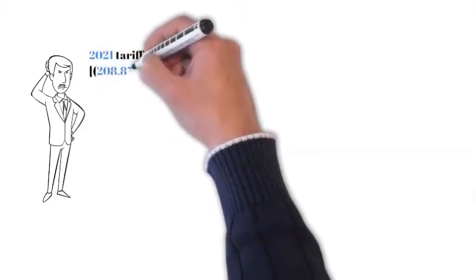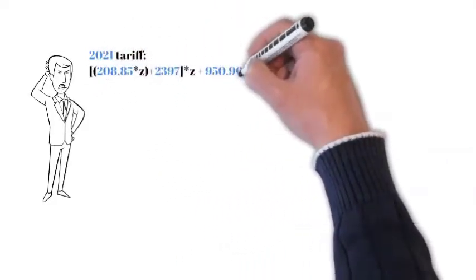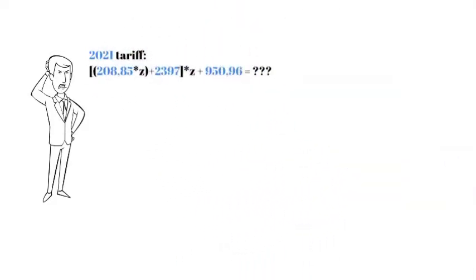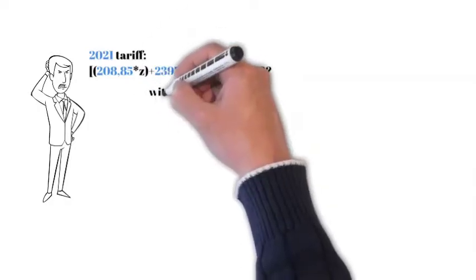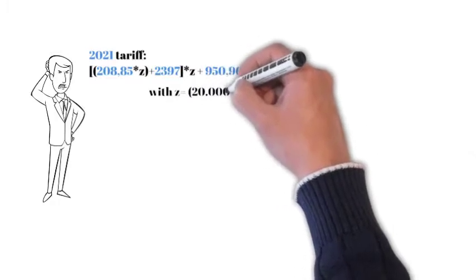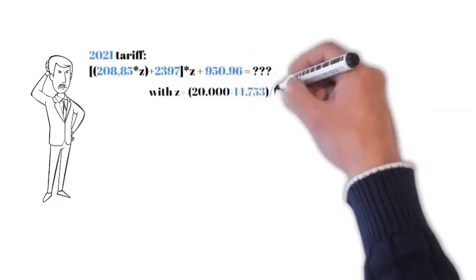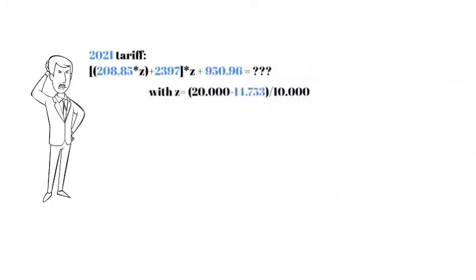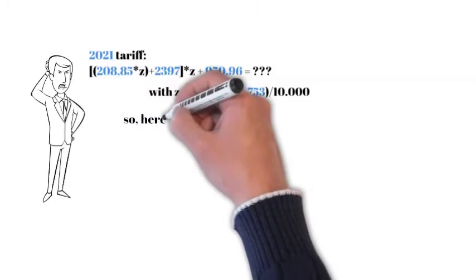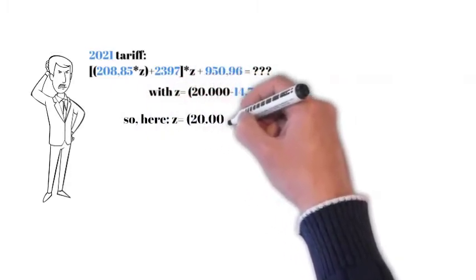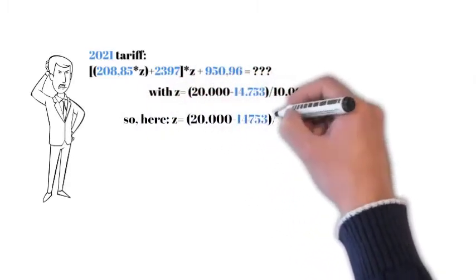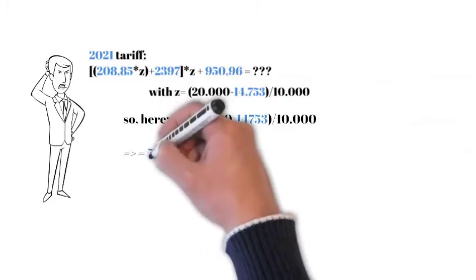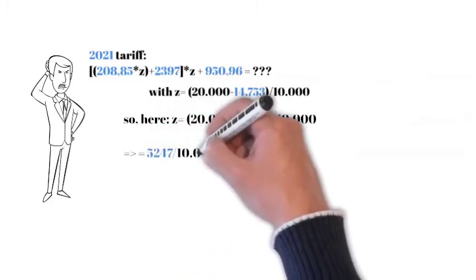Now what we do is we simply take the tariff and then have to compute what z stands for. So here we have a value for z now in a minute, or even a bit quicker.